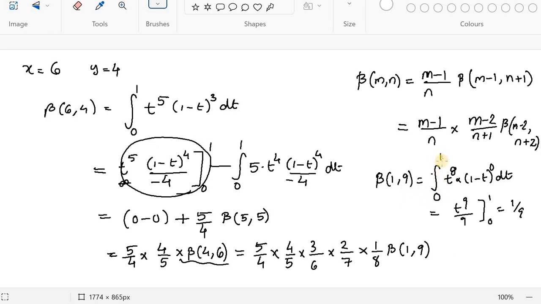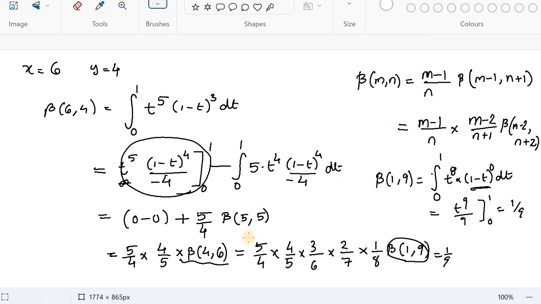That is the integral from 0 to 1 of t power, I'll take x as 9 and y as 1, so t power 8 into 1 minus t power 0 dt. So this will become 1, and what remains is t power 9 divided by 9 evaluated from 0 to 1. So it is 1 by 9.